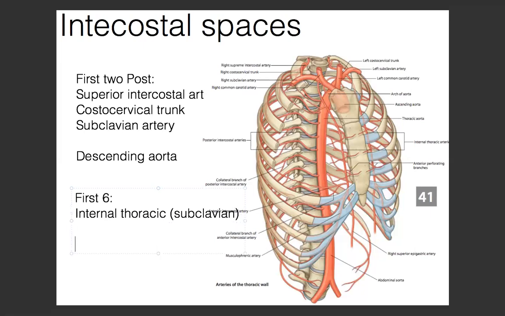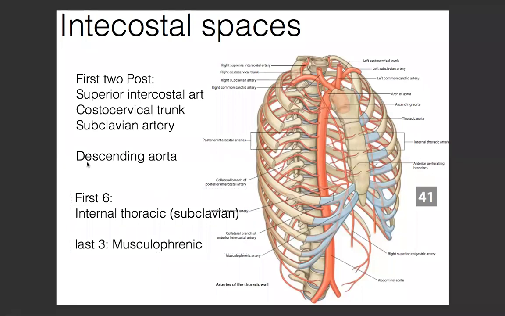The internal thoracic artery then splits into 2 arteries, the musculophrenic artery and the superior epigastric artery, and the last 3 spaces take from the musculophrenic. So it's an area of questions.